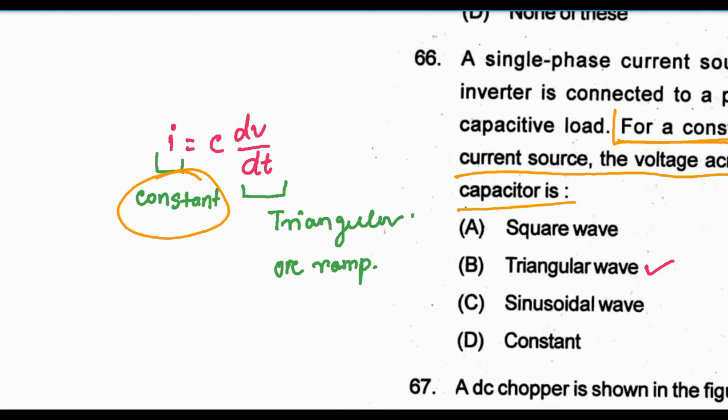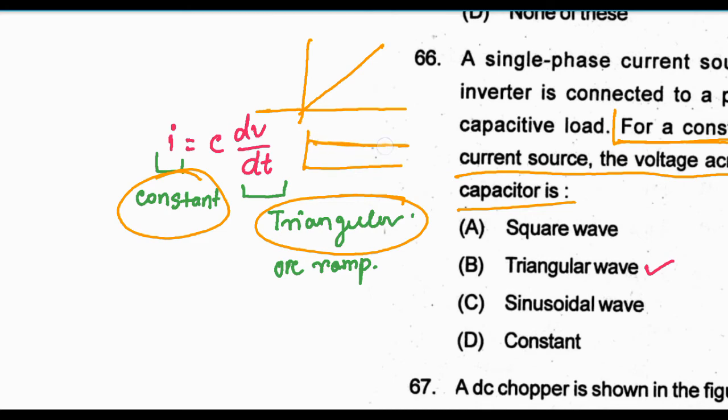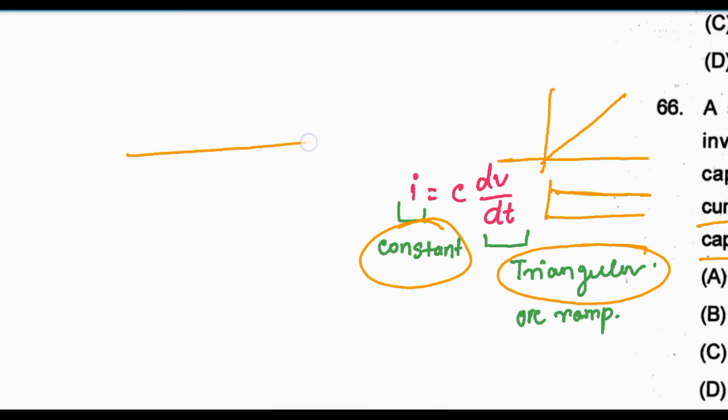What will be the voltage? For a triangular shape or a ramp shape of voltage, the derivative of a triangular wave will be a step. Suppose the voltage is like this, so that current will be like this, or the voltage is like a triangular shape, that means like this, then the current will be like this.